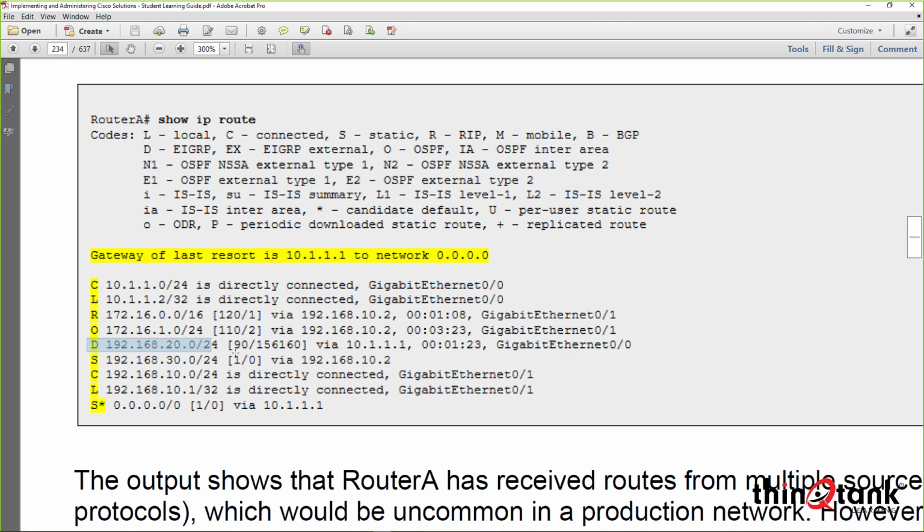Of course, for the EIGRP route and this static route and this connected route, it doesn't really matter, even though they're kind of in similar address space, right? 192.168, they're uniquely different prefixes. One is a 20, one is a 30, one is a 40. And actually, this routing table is not complete.